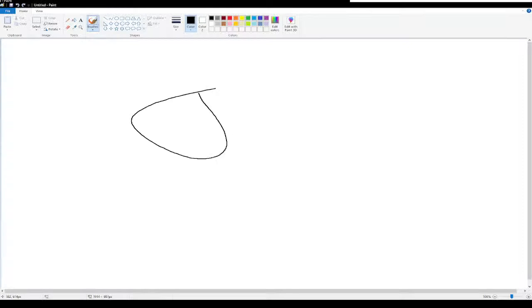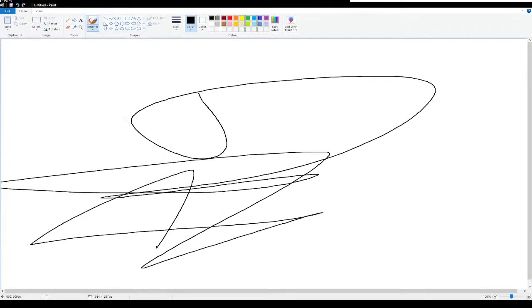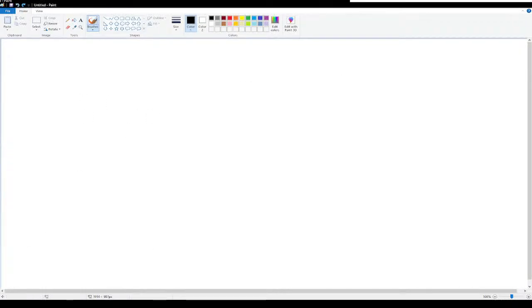Okay, so we have paint, and what it gave us is f(x) equals minus 3 over x. Oh, that's an awful x.